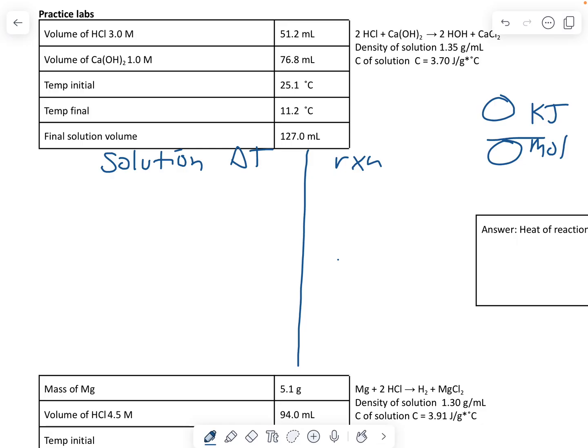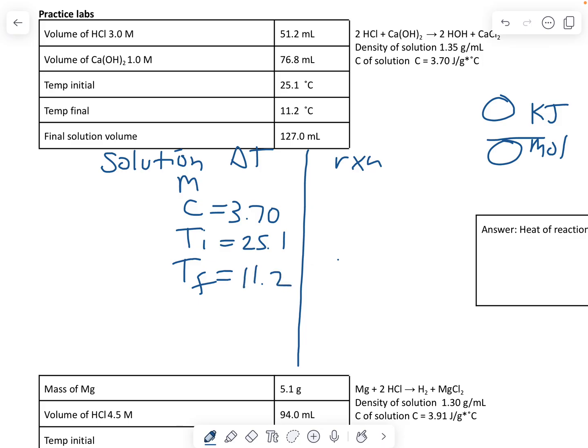So for the solution, I'm going to set up an MC delta T, temperature initial and temperature final. This C is given to me since it's a solution. The temperature initial is in the data table. My temperature final is in the data table.